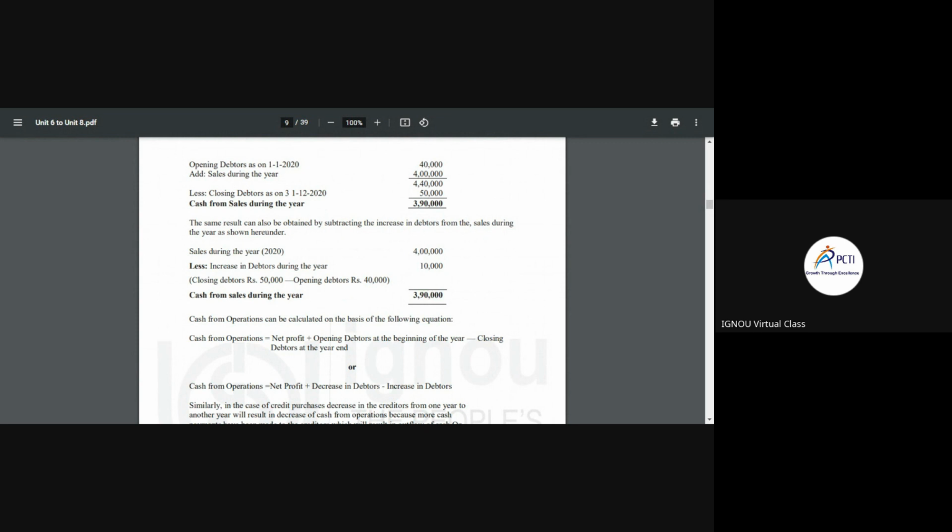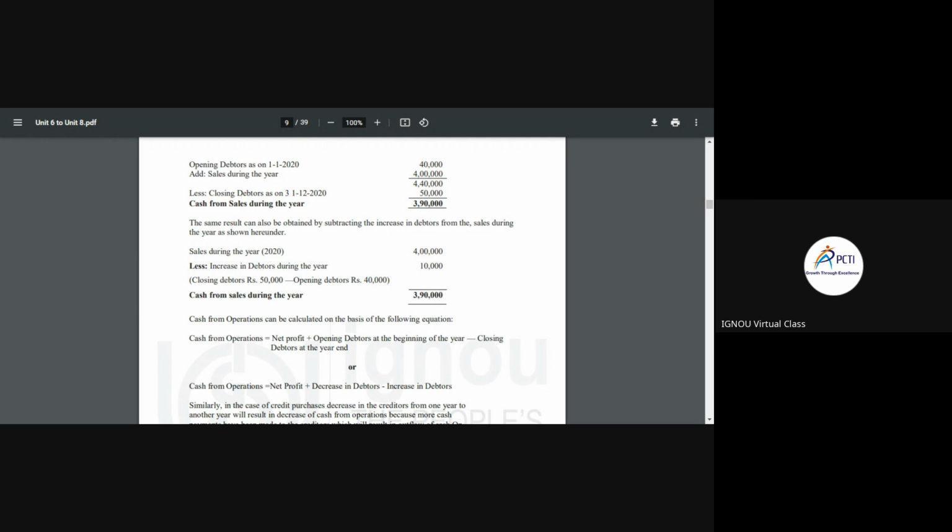Like sales during the year 4 lakh, then we deduct the increase in debtors during the year, that will be closing debtors minus opening debtors, 10,000, and we get the cash from sales during the year, that will be 3,90,000.